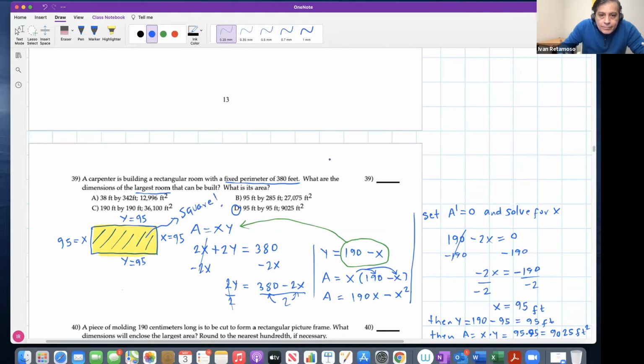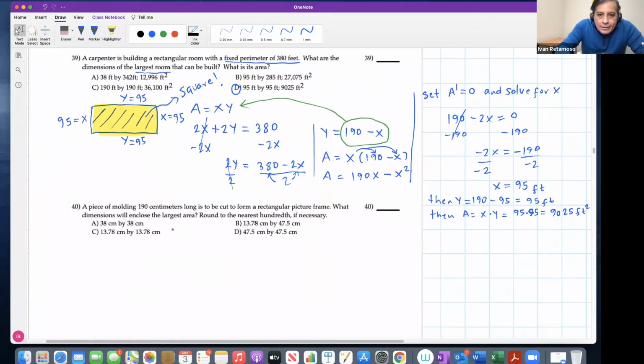It's a square. We explained, if there are no constraints, if you are not using a wall to construct part of this rectangular region, then the final solution is a square. Keep that in mind.